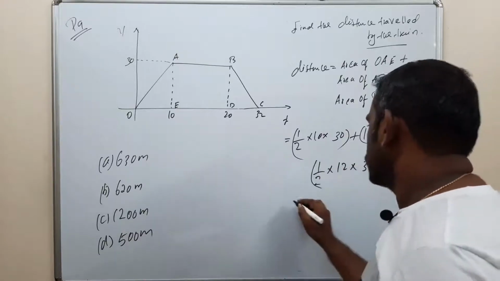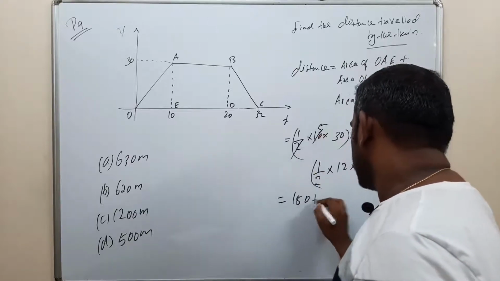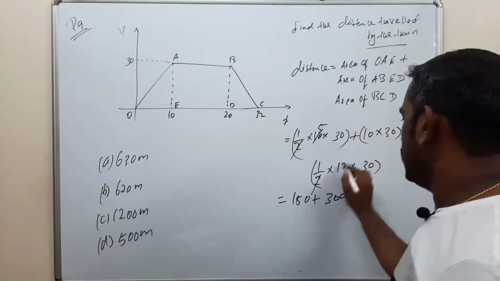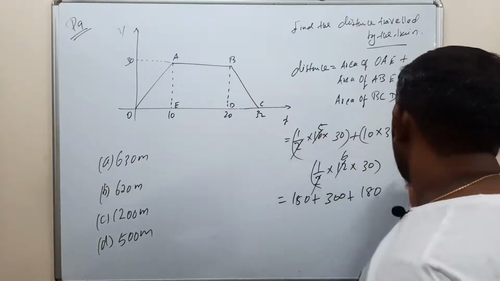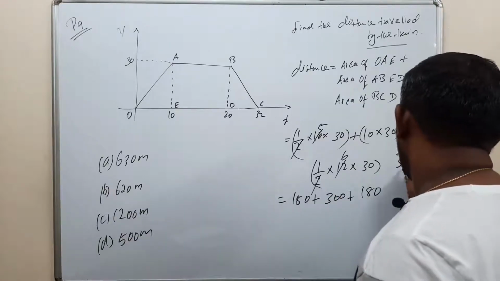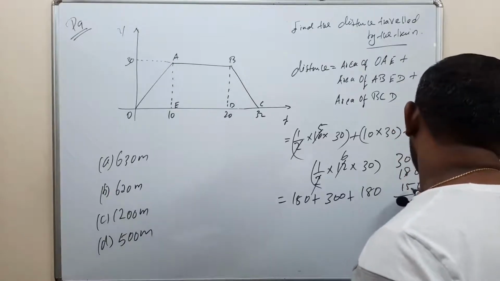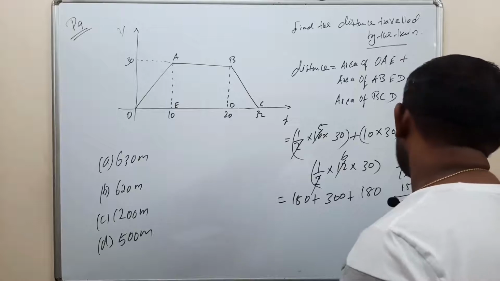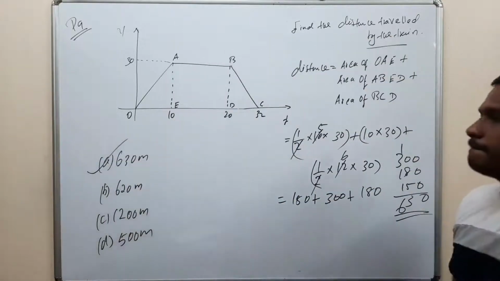So that is equal to 150, plus 10 into 30, that is 300, plus 180. So 300, 180, 150, so 630 meter is the answer. 630 meter.